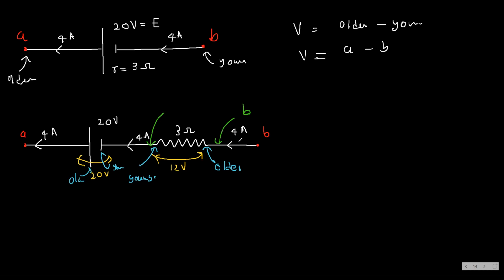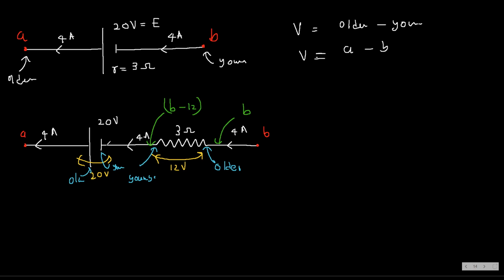Now, what is the younger one's age? The age difference is 12. What is the younger one's age? B minus 12. It's correct. If the older one is B, the younger one's age is B minus 12. Then what is the older one's age?